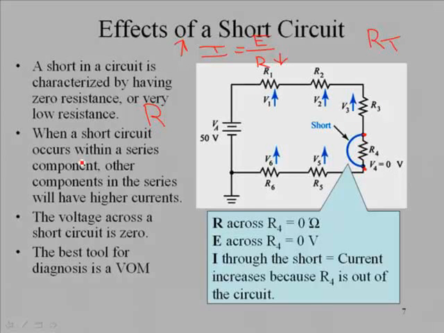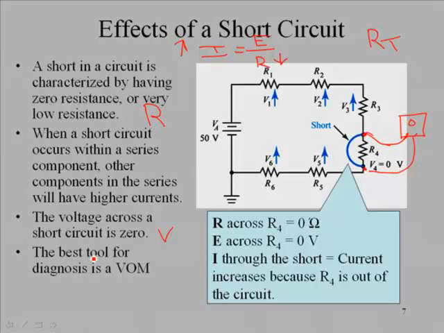When a short circuit occurs within a series component, other components in the series will have higher currents, which we just showed. The voltage across a short circuit is zero. That was measuring resistance. If we measure voltage and place our voltmeter in the circuit from here to here, remember it is a short, so we will measure 0 volts.